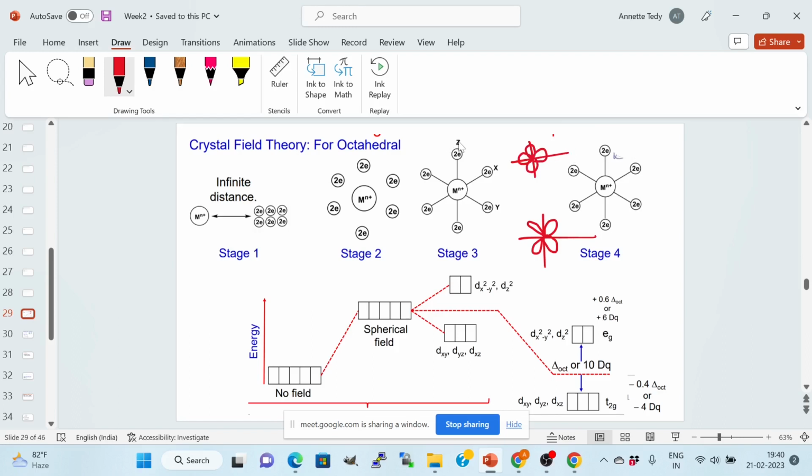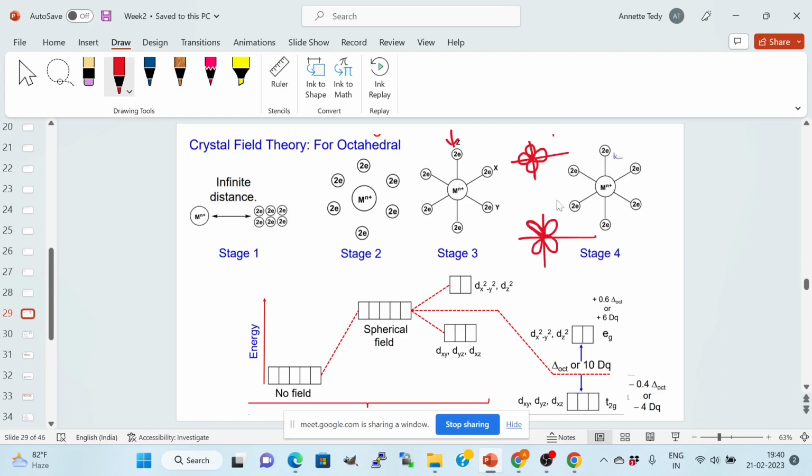So whenever a ligand is attacking through the axis, then all the d orbitals which are present on the axis feel much more repulsion from the electrons of the ligand compared to this one, because here this orbital is in between axis.